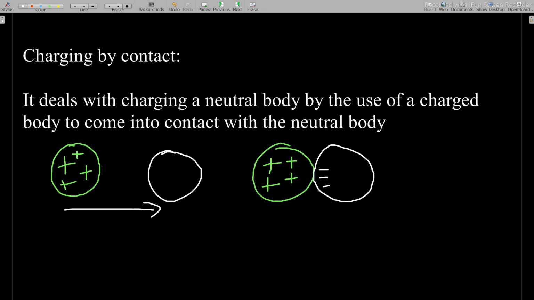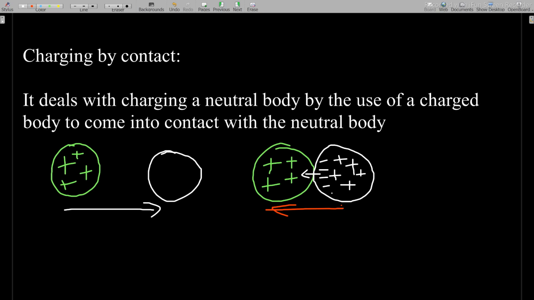All the negative charges in the neutral body will be attracted by the positive charge, so the negative in the neutral body will be moving towards the positive charge.